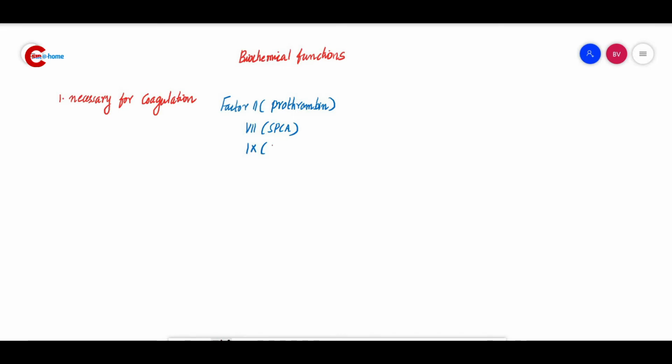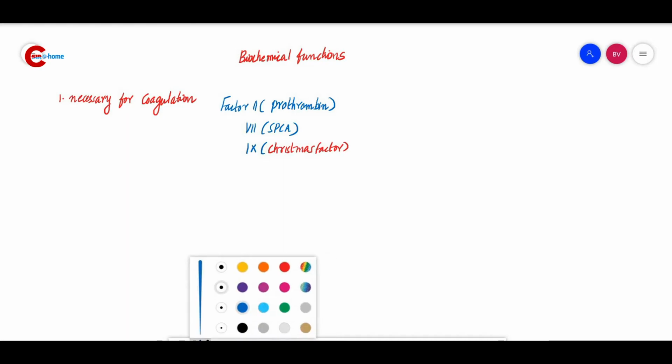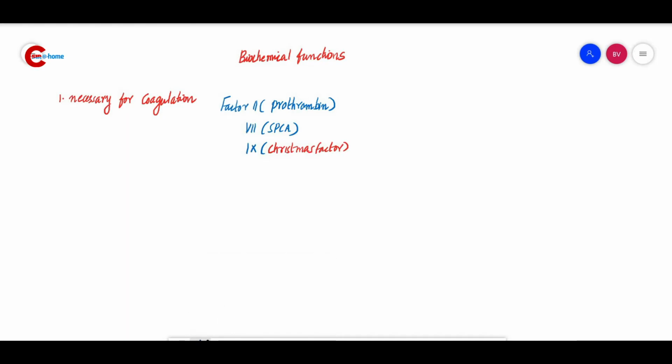Then factor 9, that is Christmas factor. Then factor 10, that is Stewart Prower factor.